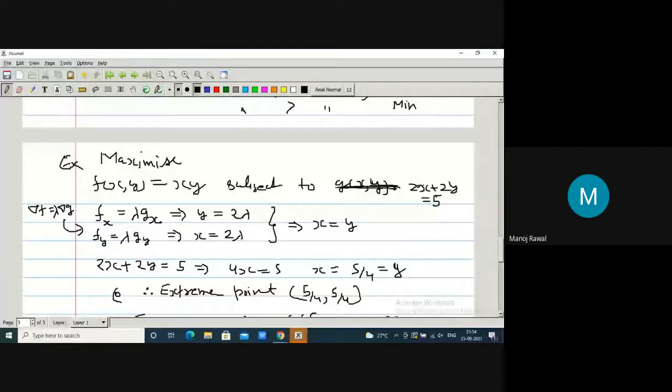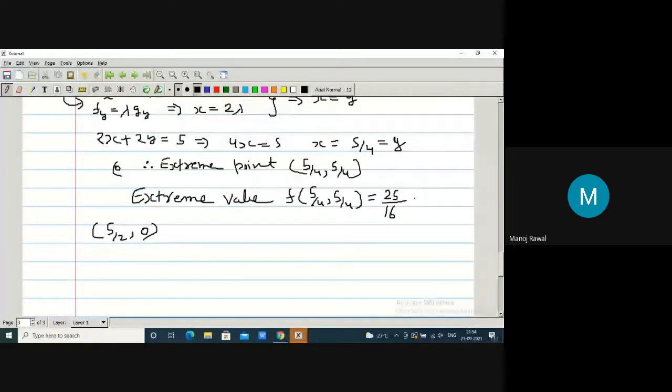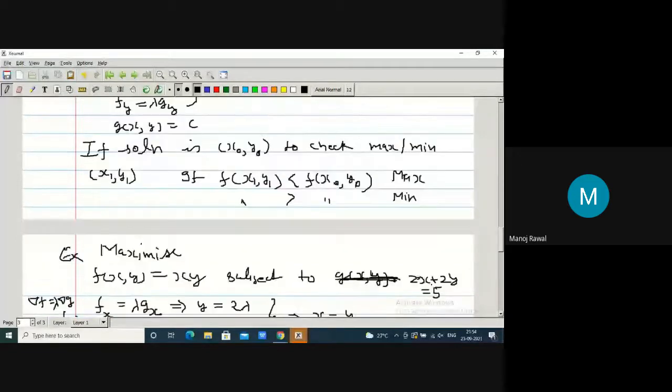What I am saying is that if this is my maxima at (5/4, 5/4), first I will see whether (5/4, 5/4) satisfies this constraint or not. 2 into 5/4 plus 2 into 5/4.